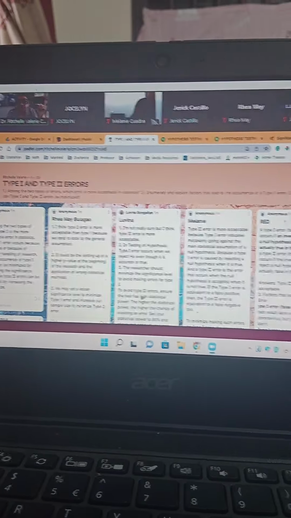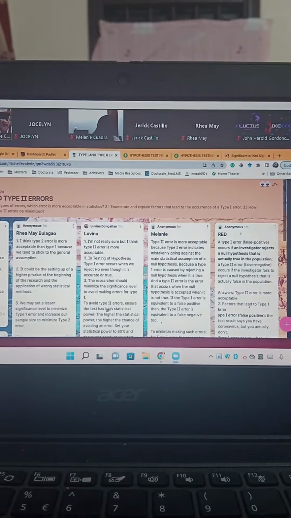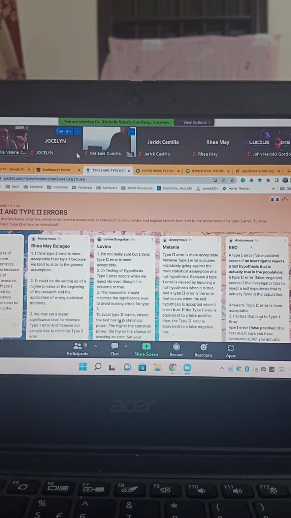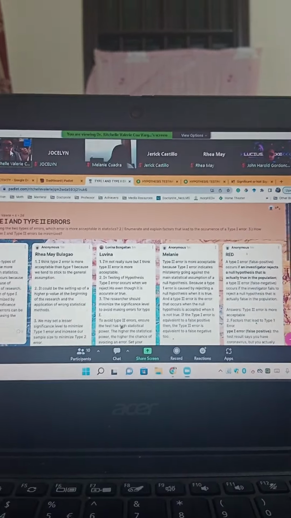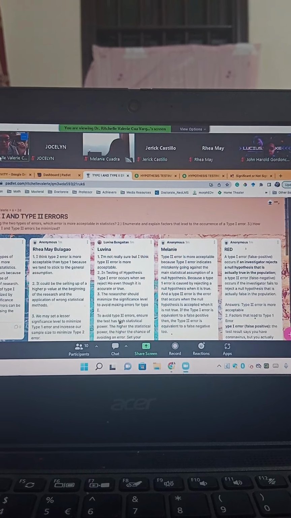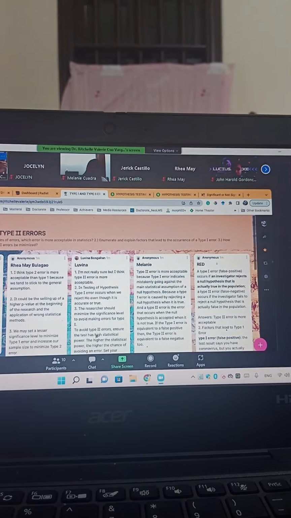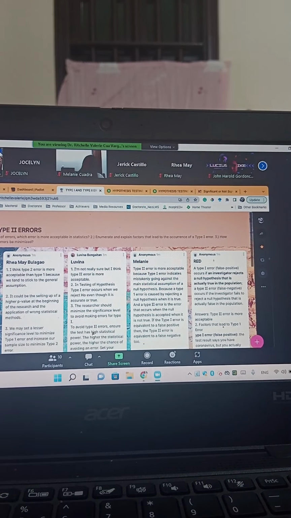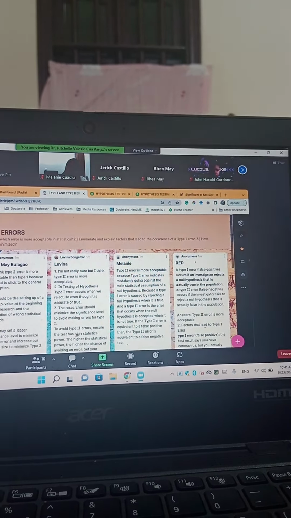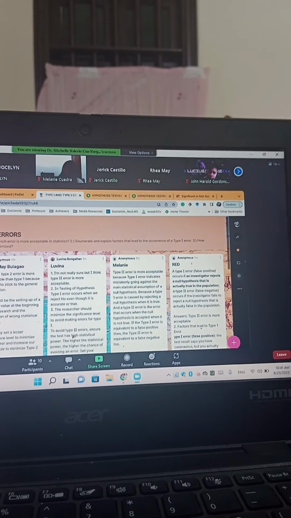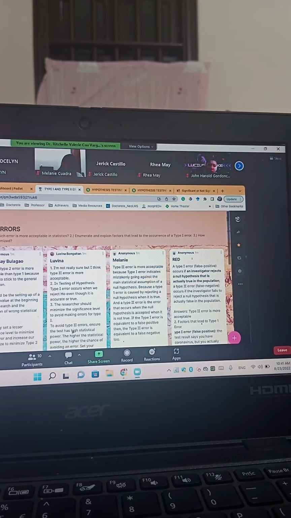Now, of course, it is ideal to minimize the errors as much as possible, right? For example, we can favor type 2 error over type 1, because as I've said, it's better not to reject a null hypothesis when the evidence is not enough, than rejecting it when our data is not accurate.